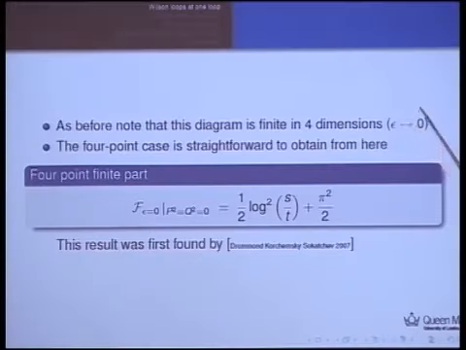So as before, it's finite, and so you can take epsilon to 0, and then you can also look at the 4-point case, which was first found by Drummond, Korchemsky, and Sokatchev. That was the log squared S over T that we heard about earlier.